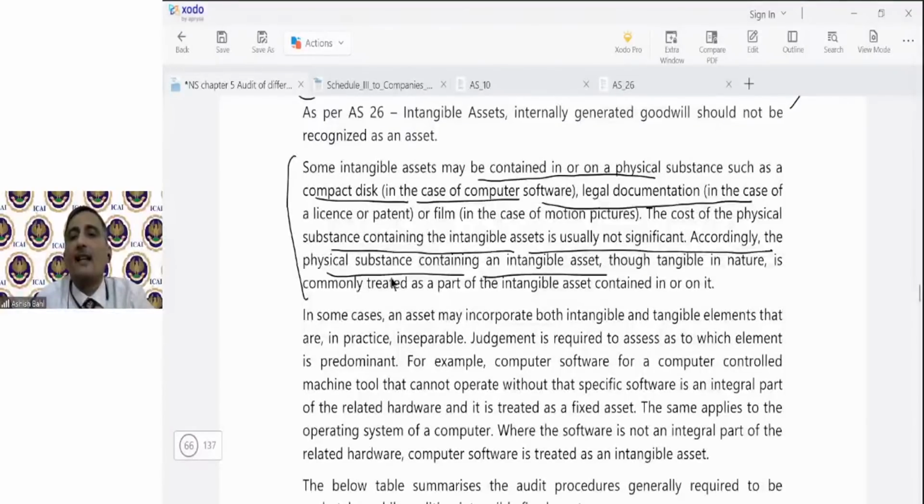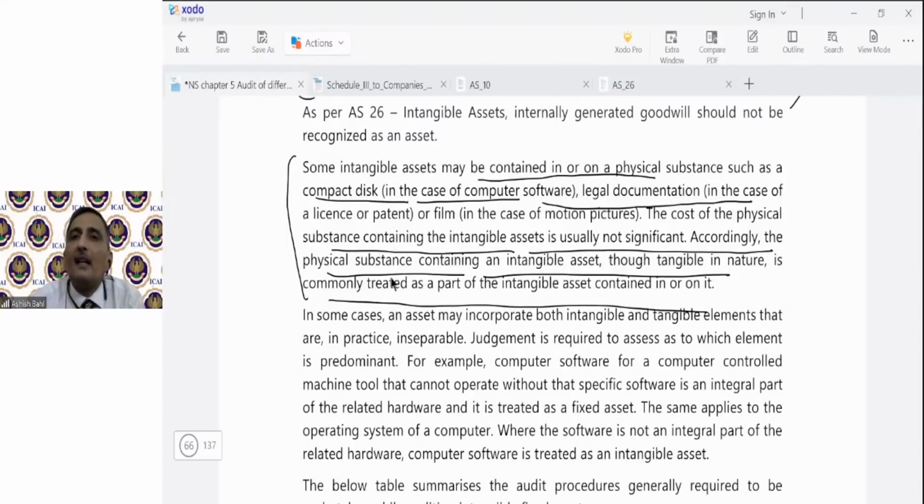Like a student has some software on a CD, a compact disk, and the software is very valuable. The CD has no value, the value is of the software. The compact disk is tangible, you can touch that compact disk, it has a physicality, but the software has no physicality, but even then it would be treated as an intangible asset.